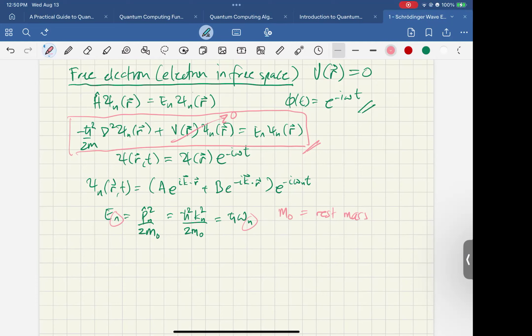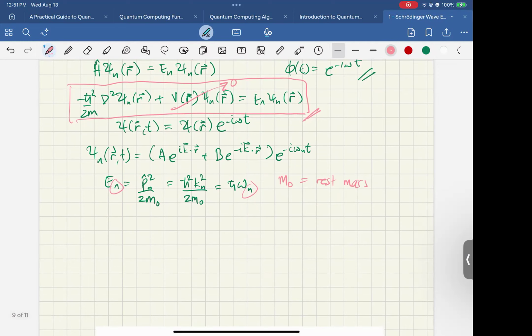So there is an eigenvalue corresponding to the ground state, first excited state, and so on and so forth. So this is the solution for the wave function, that's the eigenfunction, and this is the eigenvalue.